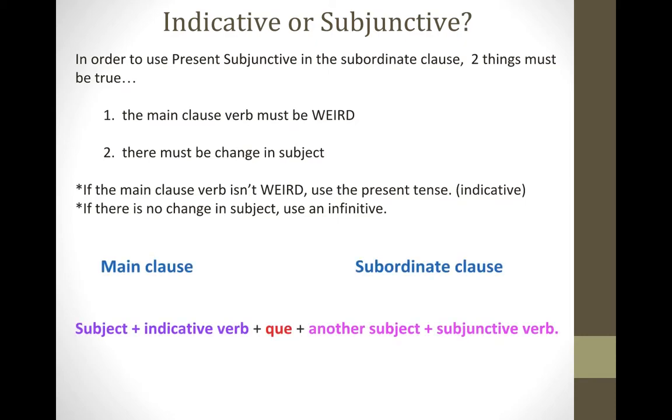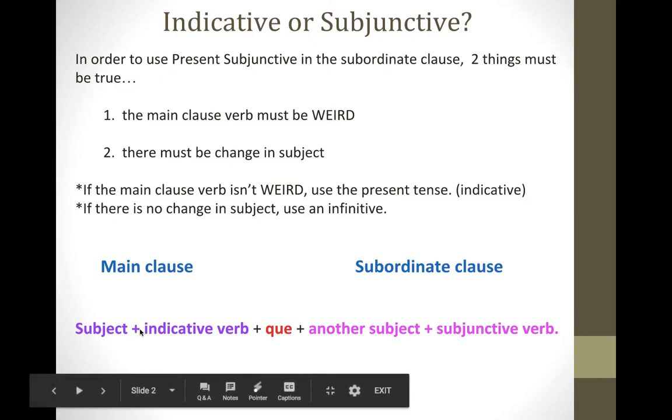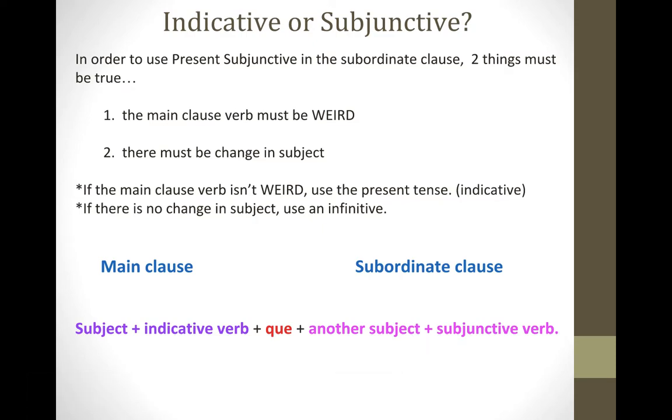Remember that your subjunctive sentences are going to be set up as follows. Your main clause is the first part of your sentence, with the first subject and an indicative verb with the que, and your subordinate clause is the second part of the sentence. It has your second subject and your subjunctive verb. Here's an example.